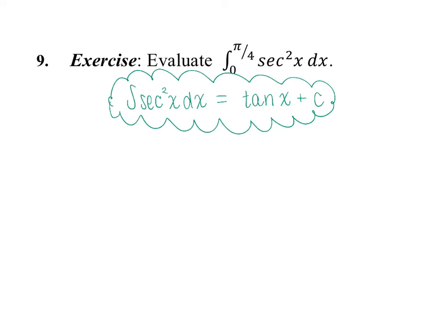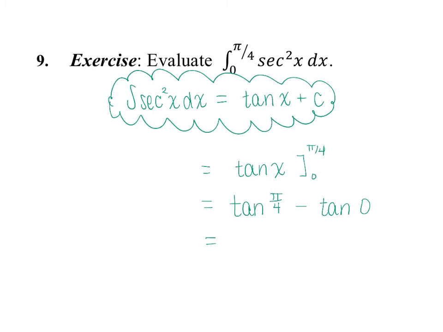So for instance, for this problem, our integral is now going to be tangent of x. And we're going to be plugging in the values between 0 and pi over 4. We'll finish this one out because it's only a few more steps. So we have tangent of pi over 4 minus tangent of 0.